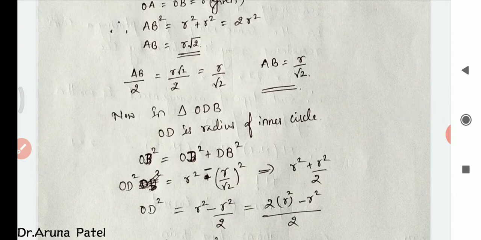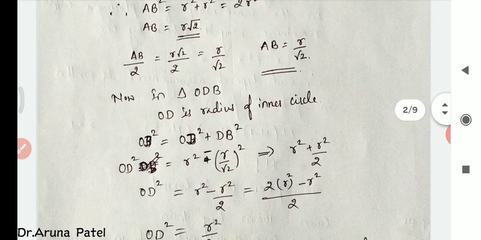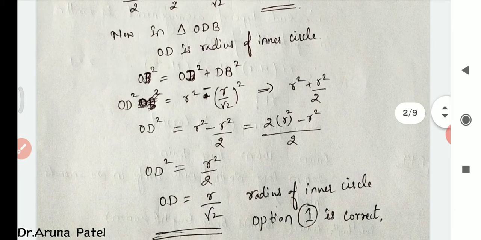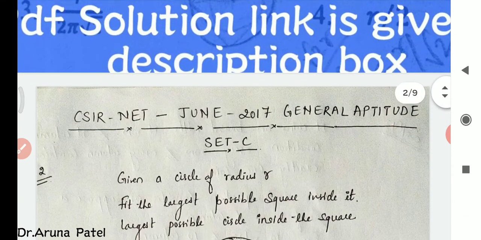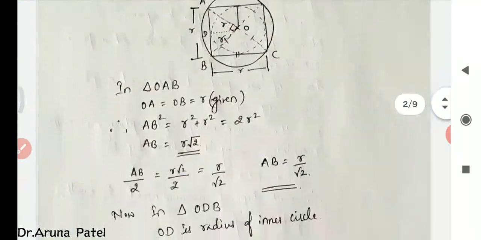On putting the value, R square minus R by root 2 whole square, on simplifying we get 2R square minus R square by 2, so it's equal to R square by 2. Transferring the square to the right side, you get under root here. So OD is equal to R by root 2. So the radius of the inner circle is R by root 2, which is given in option number 1. So this one is the correct answer for this question.